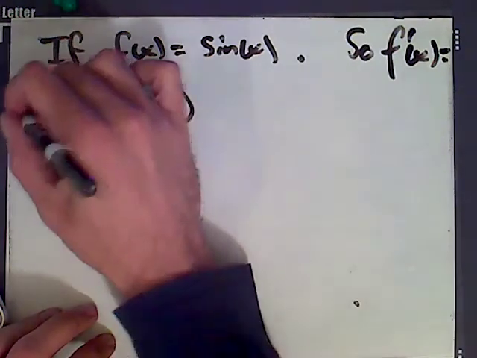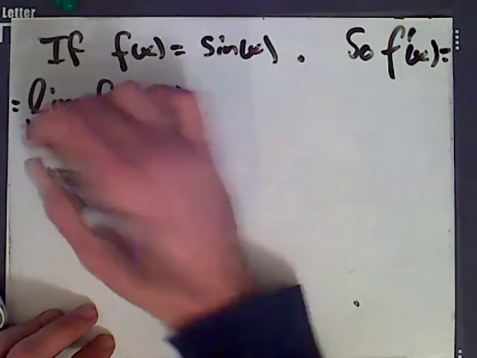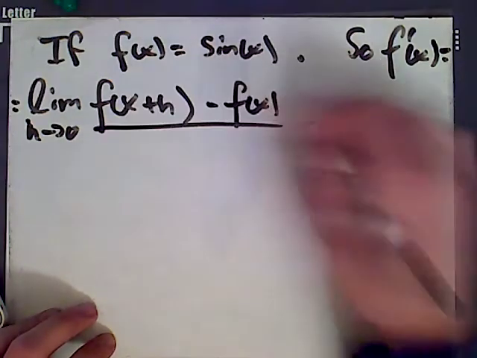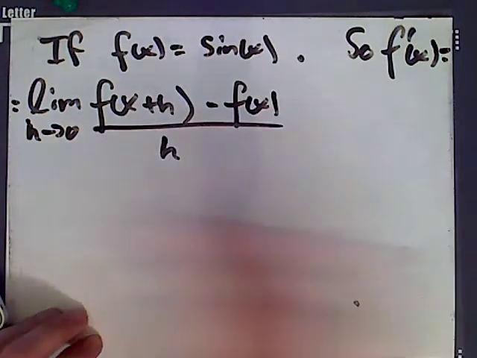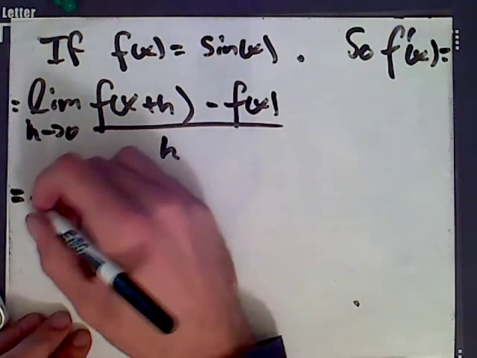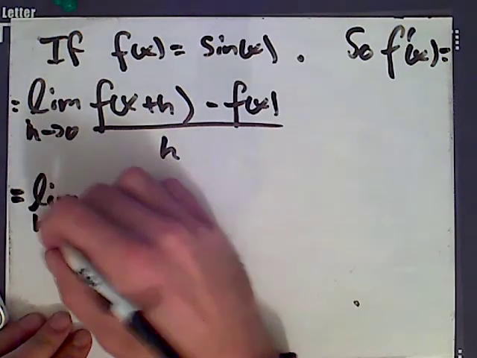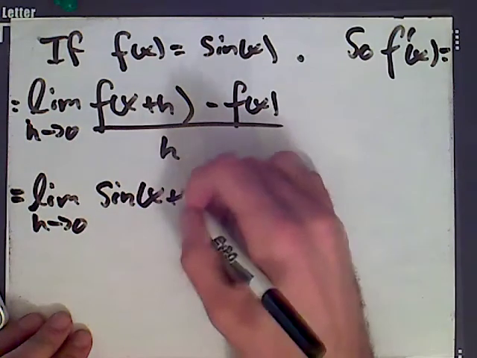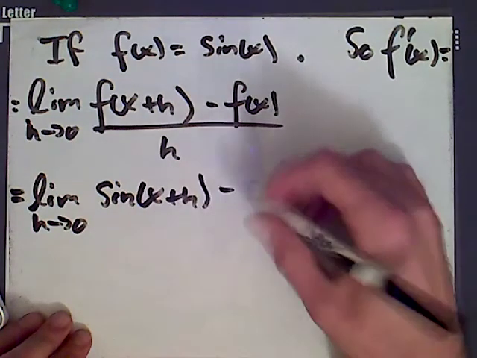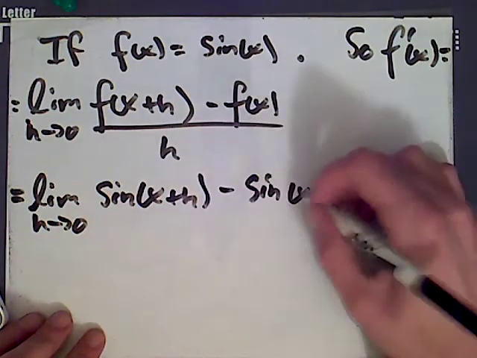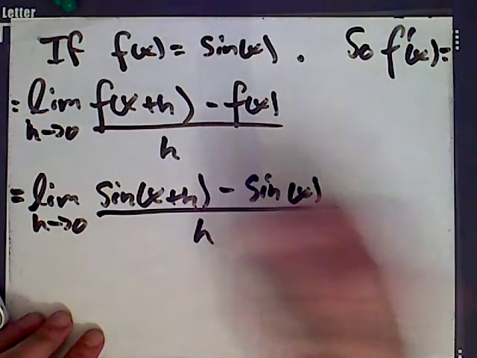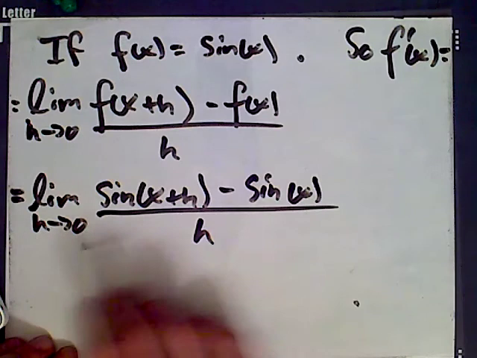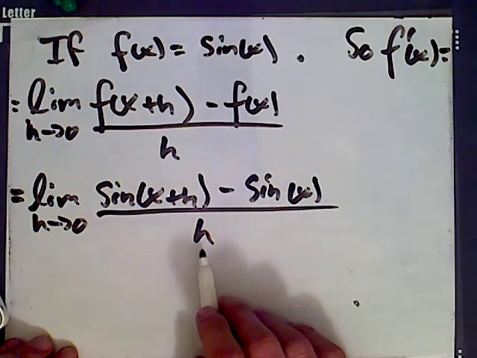So this equals the limit as h goes to 0 of f of x plus h minus f of x over h. What we want to do here is plug in our function sine of x. We get sine of x plus h minus sine of x divided by h. Now, if we plug h equals 0 in, we get 0 over 0.